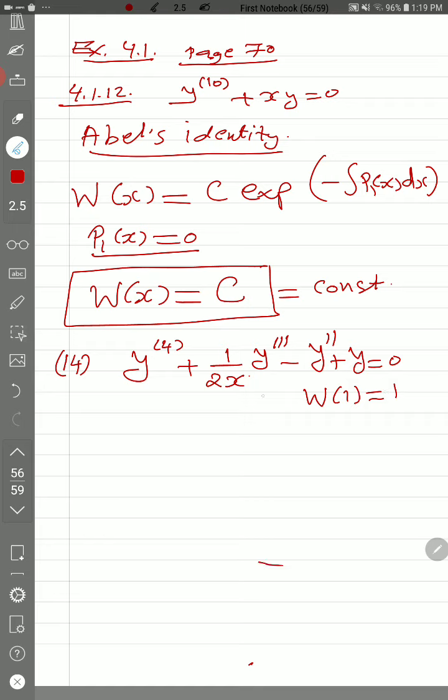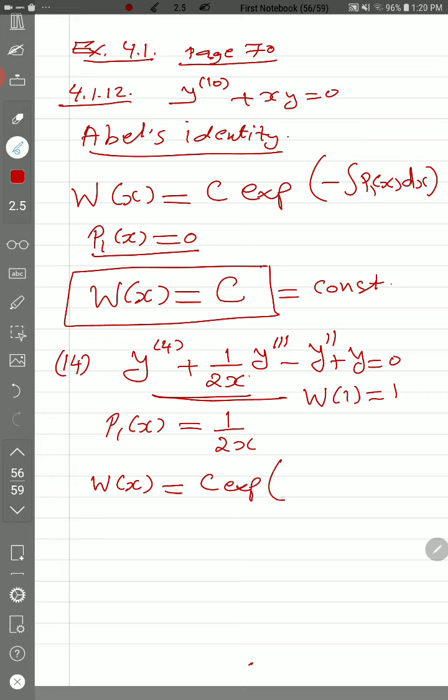So your differential equation is already in standard form, because the coefficient is 1 here, so your p1 of x is the lowest, this third here, so it will be just 1 over 2x. So use the formula and integrate. Just put c exponential of minus the integral of 1 over 2x dx.